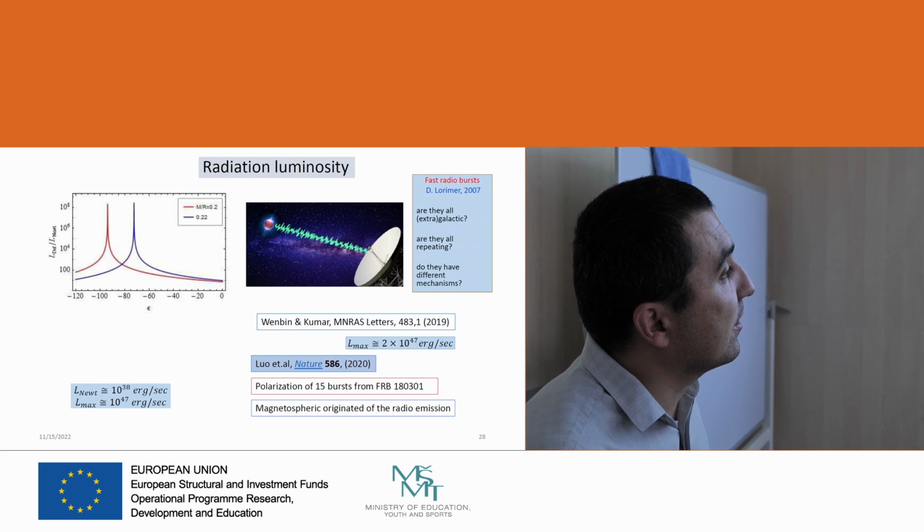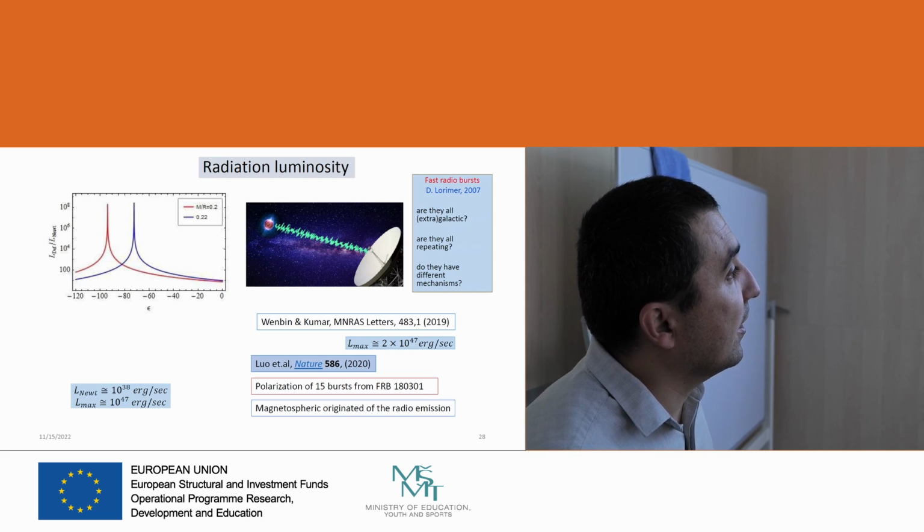So for the spherical case, we estimated in the Newtonian previous calculations that the luminosity is 10 to the power 38 ergs per second, and then in the presence of this critical value of the deviation parameter, it increases up to 10 to the power 47 erg per second.